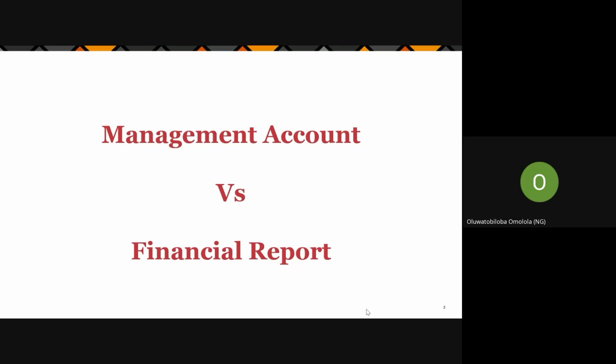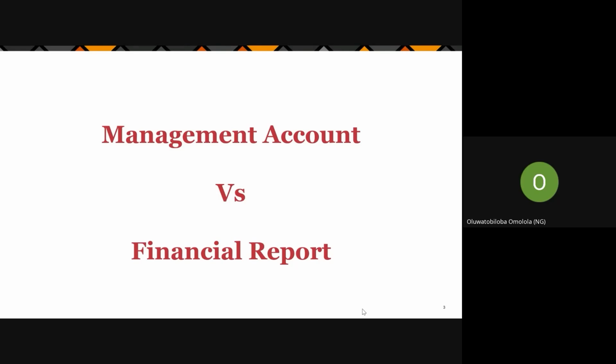But the difference between a management account and a financial report is that management accounts are mostly for internal use. So you don't publish a management account. And because it is for internal use, it usually comes with some additional internal information.